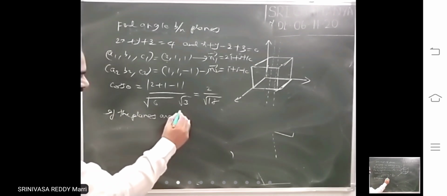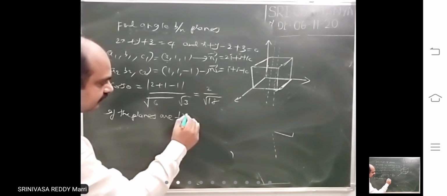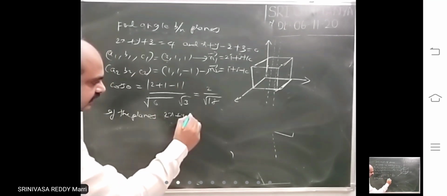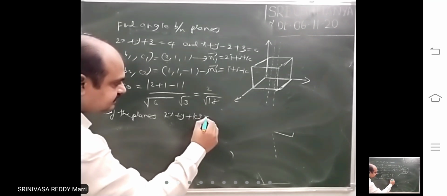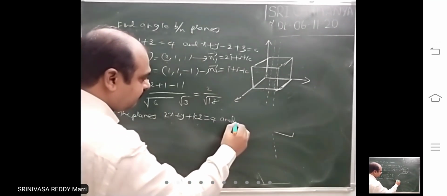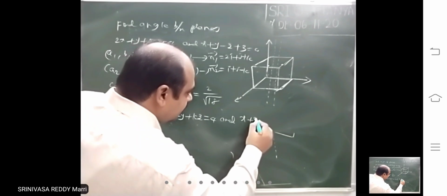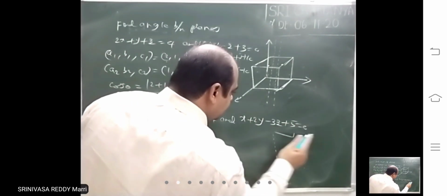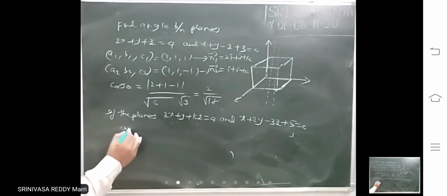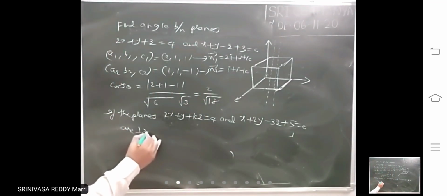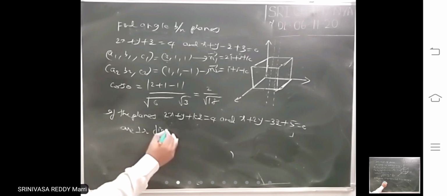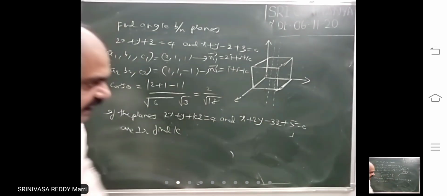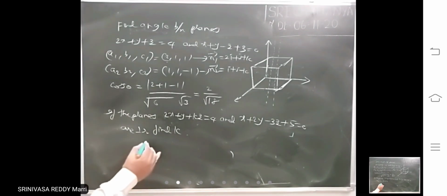So next, if the planes are perpendicular, if the planes are given like this, 2x plus y plus kz equal to 4 and x plus 2y equal to 0 are perpendicular, find k. Suppose two planes are perpendicular. That means what is the condition?